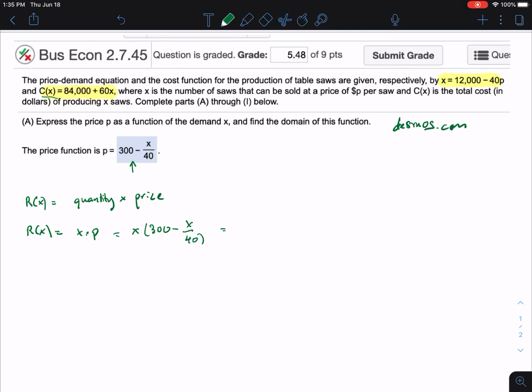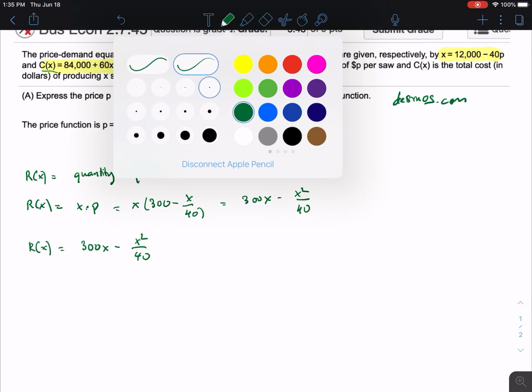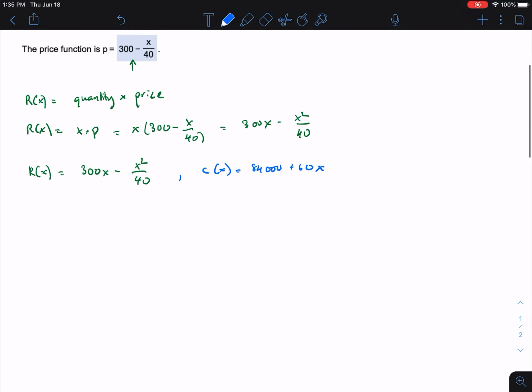Okay, so that gives us 300x minus x squared over 40. So that is the revenue equation. All right. So from the revenue equation and the given cost equation, the next question in this problem is asking for the break-even point.